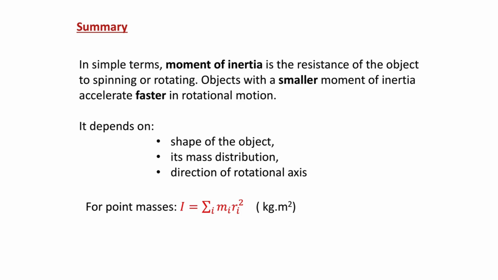In general, to find the moment of inertia for point masses, we can add up the contribution of each particle in this formula by finding mr squared for every particle that we have in our mechanical system. And remember, the unit of this quantity is kilogram meter squared in SI.